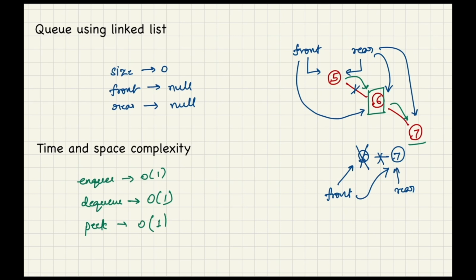And the space complexity is also going to be constant, which is O(1), because we don't need any additional space when we are adding more items or removing items from this. Okay. The time and space complexity comes out to be O(1) for a queue when implemented using a linked list.